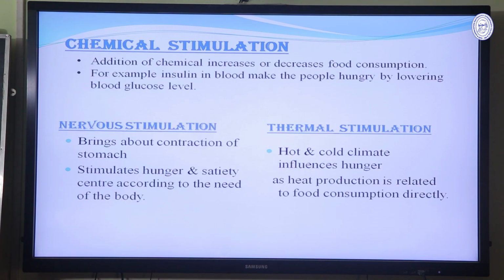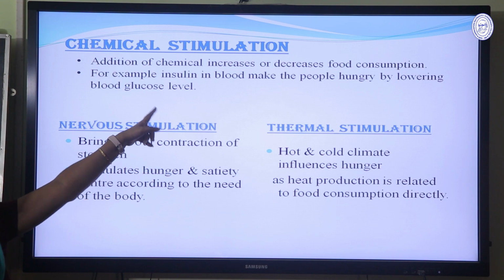Chemical stimulation is the presence of a chemical in our body that stimulates or inhibits the feeling of hunger. When any chemical is causing the feeling of hunger, it is a positive stimulation to the hunger center, and if it is inhibiting the hunger center, then it is stimulating the satiety center.